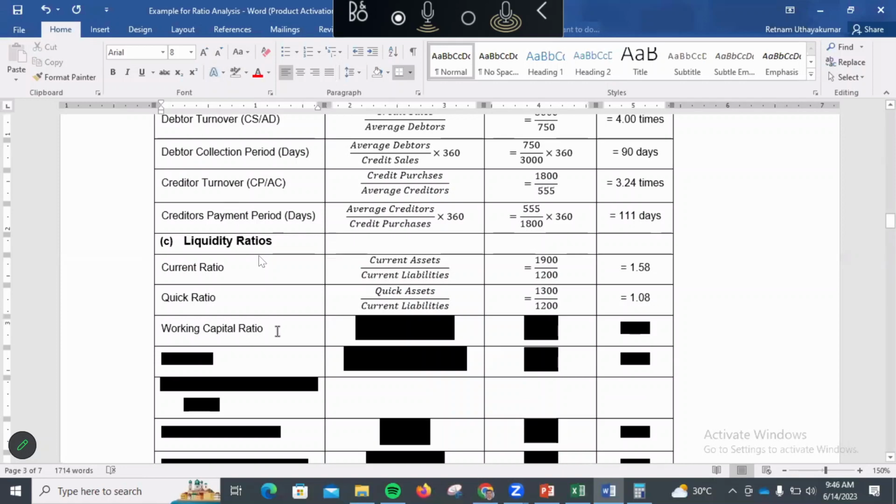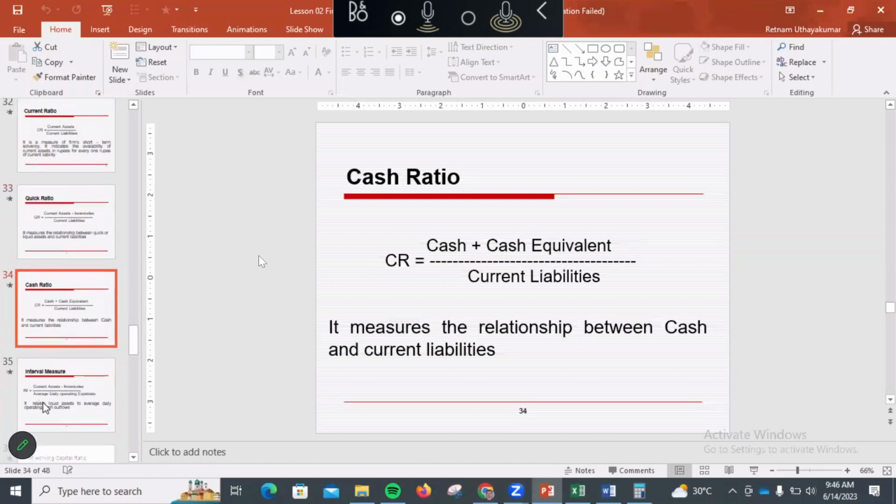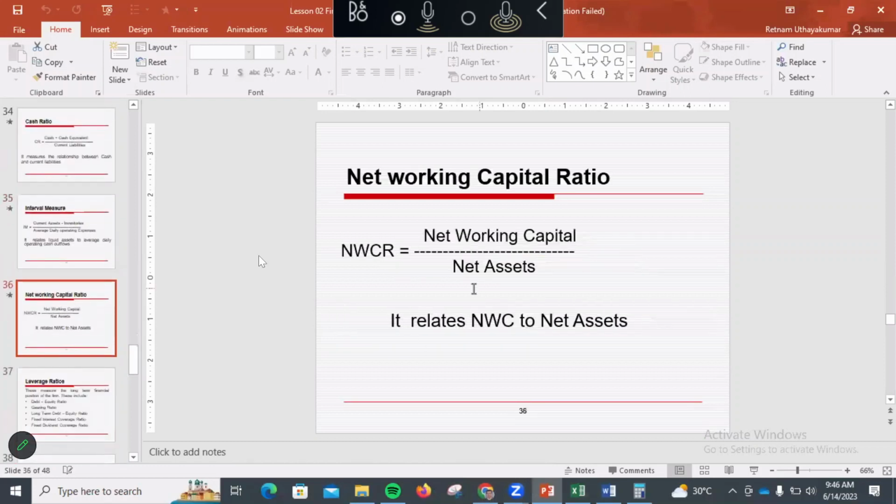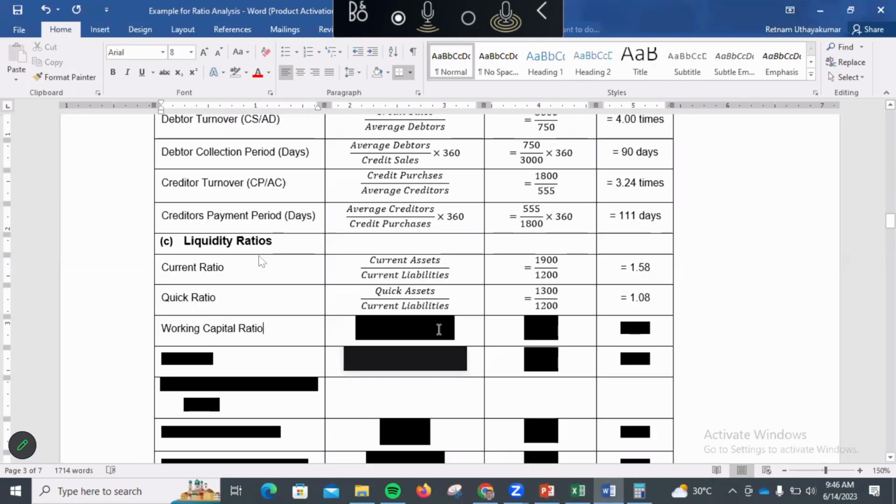Working capital ratio. What is working capital ratio? Net working capital over net assets. So what is net working capital? Net working capital is the difference between the current assets and the current liabilities.